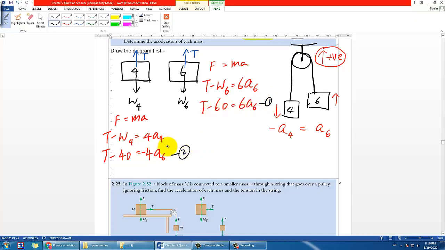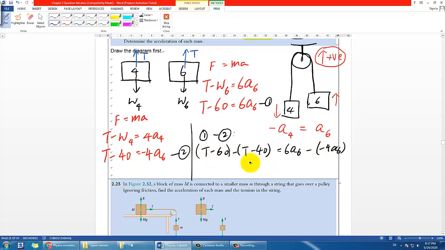By looking at these, since you want to find the acceleration, you want to get rid of the tension. So the easier way should be 1 minus 2: the left hand side minus the left hand side, right hand side minus right hand side for each of them. So that will be T minus 60 minus the T negative 40, equals 6a6 minus the negative 4a6.